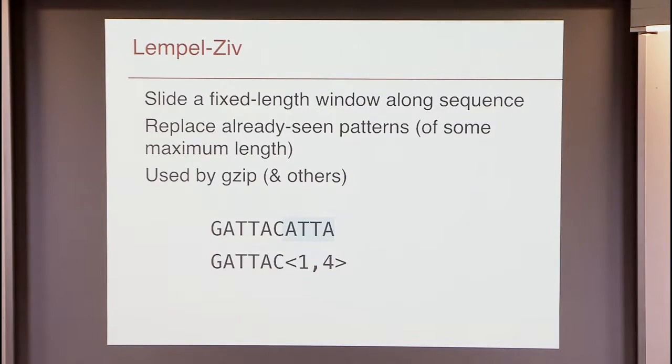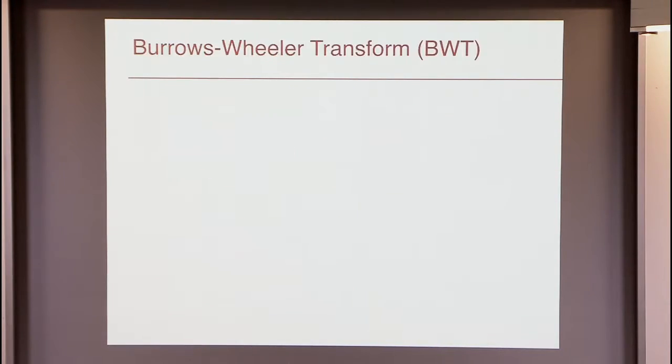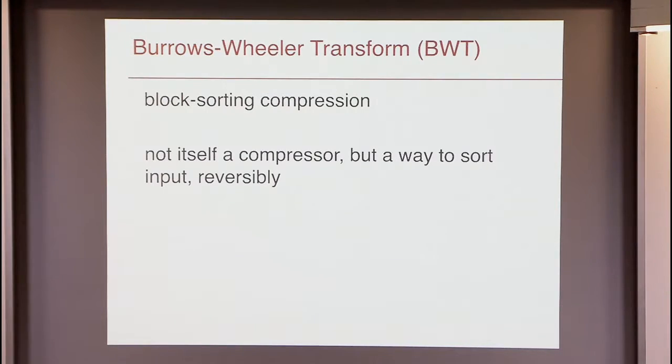But this is efficient. It's used in gzip, zip, PNG compression, many other areas. And yes, indeed, there's the pointer and the length. Burrows-Wheeler Transform, I think, has been talked about enough here, so I'm only going to say that it is block sorting compression.